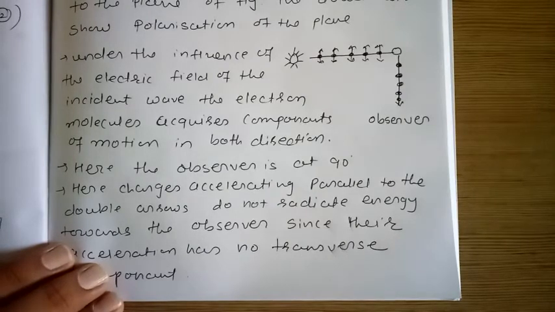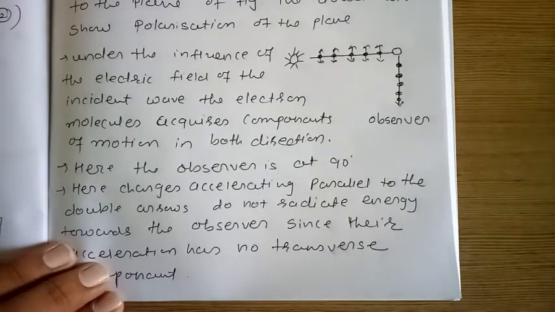I repeat once again. We know that if we rotate a Polaroid by some angle, then there will be a change in intensity. We know about scattering. Now, sunlight is unpolarized light, so the dot stands for polarization perpendicular to the plane, and the double arrows show the polarization in the plane. Under the influence of the electric field, the electron acquires a component of motion in both directions.